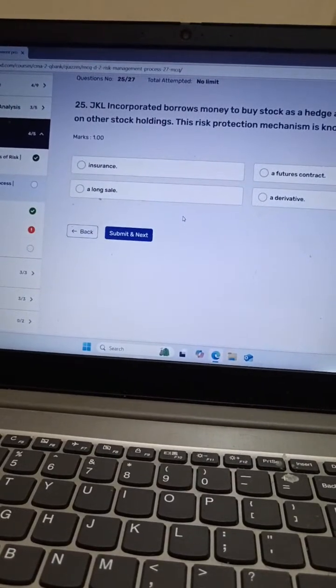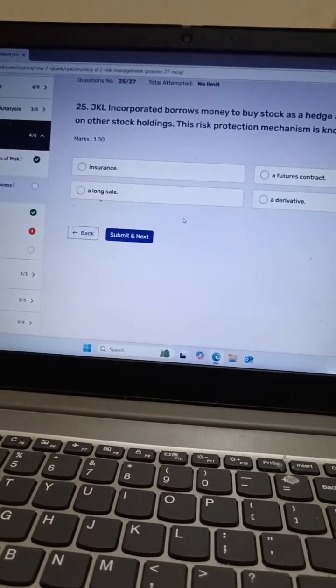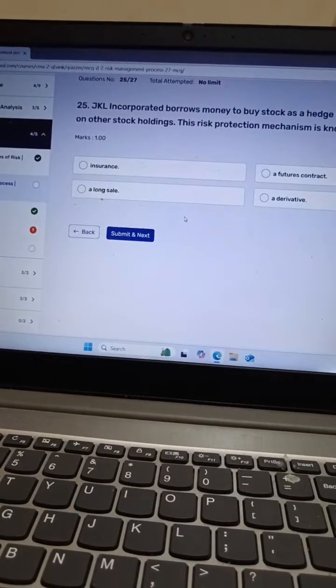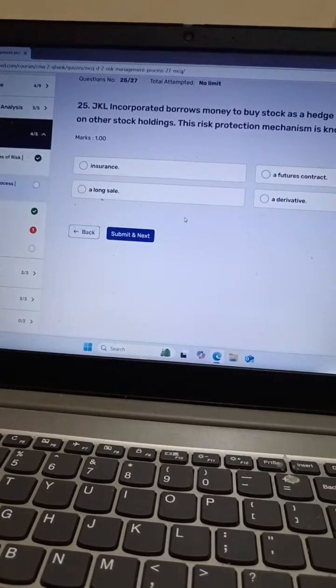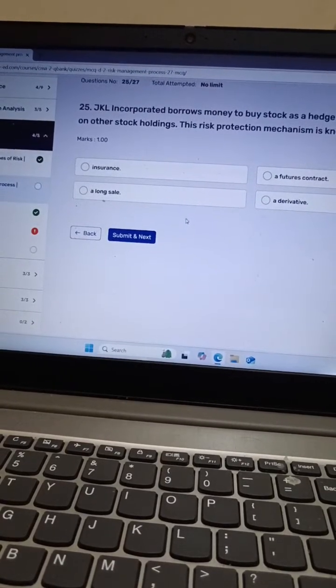This stock hedging is not a future contract or derivatives, a risk protection mechanism, or insurance. Insurance is not a correct answer.